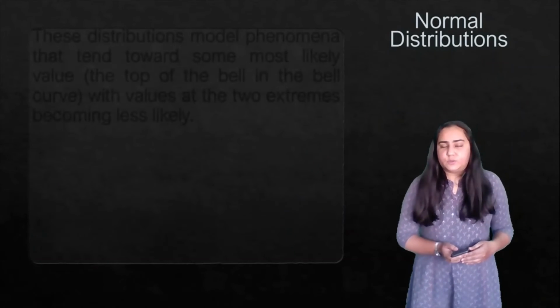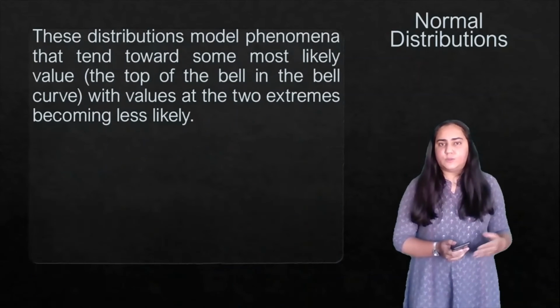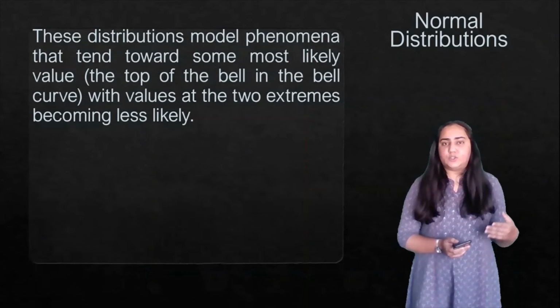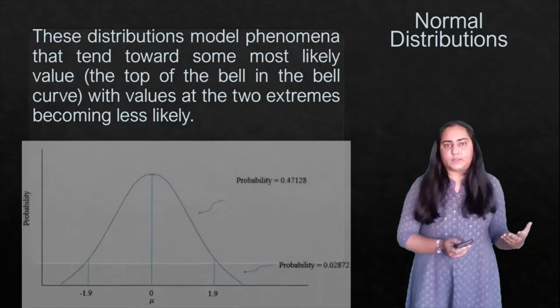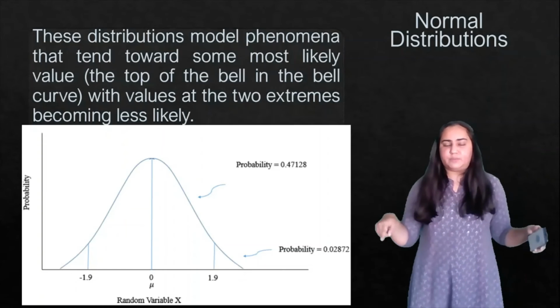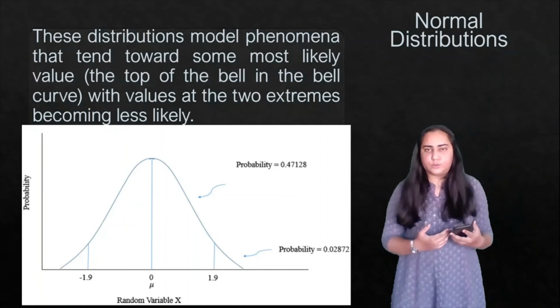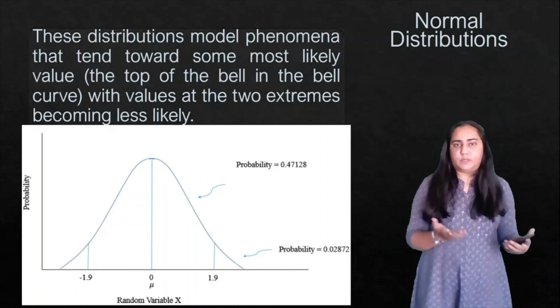Next, we have normal distributions, which are very interesting. These distributions model phenomena that tend toward some most likely value, the top of the bell in the bell curve, with values at the two extremes becoming less likely. You can see here the bell-shaped curve that is created if you were to plot a normal distribution probability.